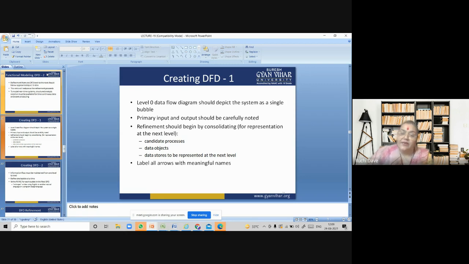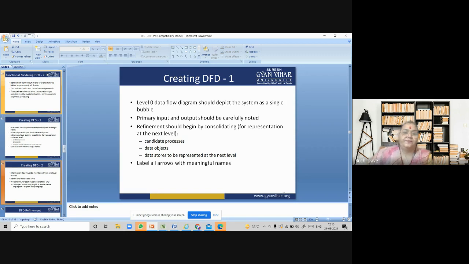Now, refinement should begin by consolidating for representation at the next level. So there can be candidate processes, data objects, data stores to be represented at the next level, and you have to label all the arrows with meaningful names.